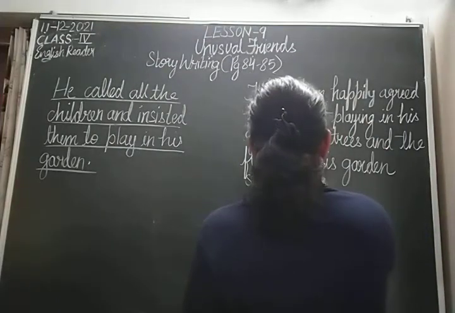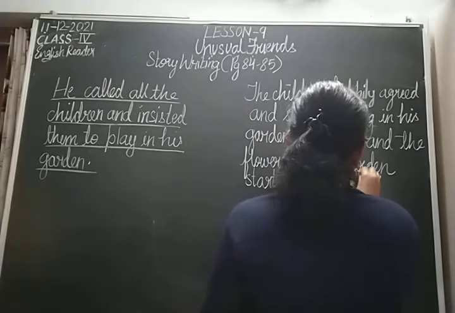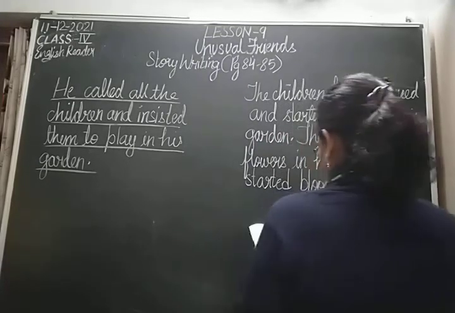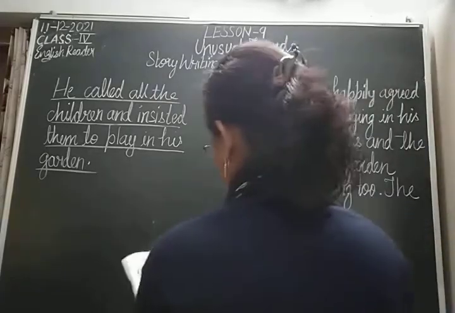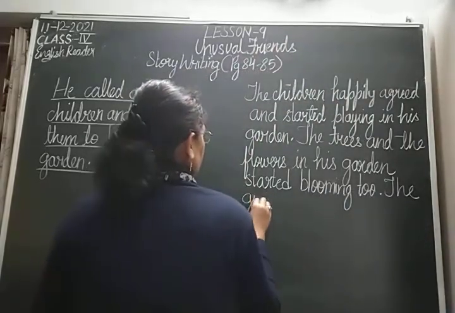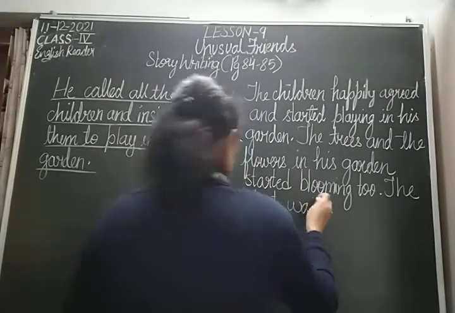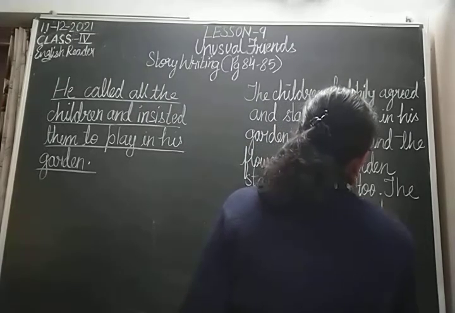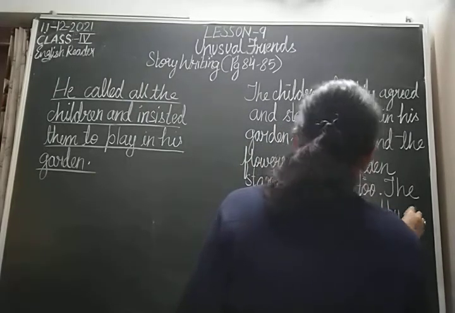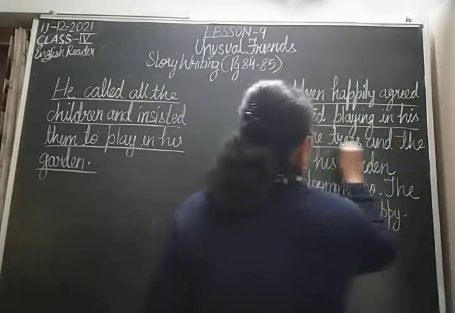Started blooming too. TOO means again. यहाँ पे the giant was also happy. Fine. तो ये आप 6 पिक्चर के नीचे लिखेंगे.